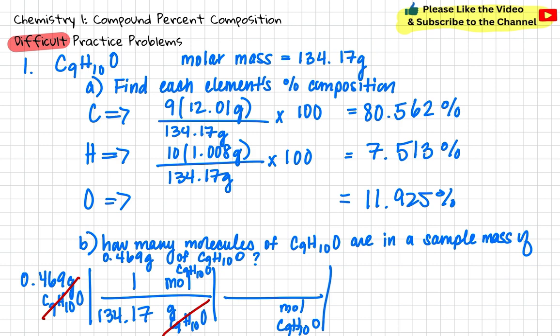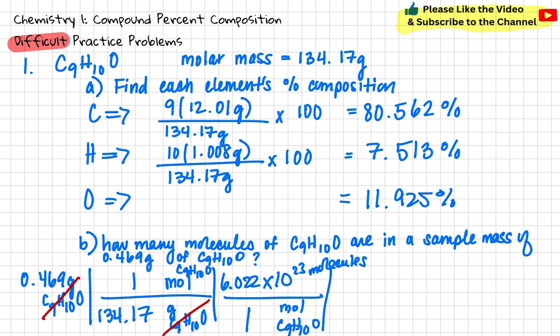Yes, I have the Avogadro number conversion factor, which tells me that 1 mole of anything contains 6.022 times 10 to the 23rd. Since we're dealing with the molecule, in this case it will be molecules.